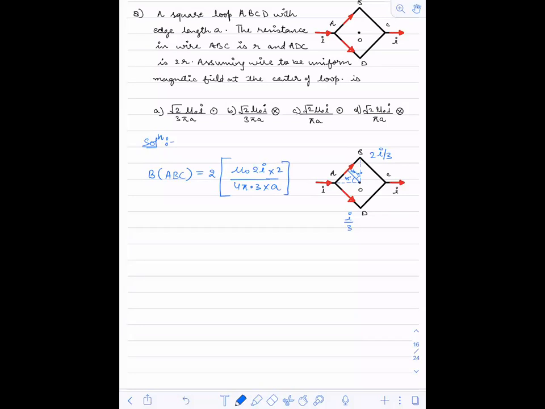Now the angle we have to multiply, so it's 2 into sine of 45, and sine of 45 is 1 upon root 2. This is what I will get. Now I have to solve this. Solving is not a big deal over here. If you can see this, 4 gets cancelled.